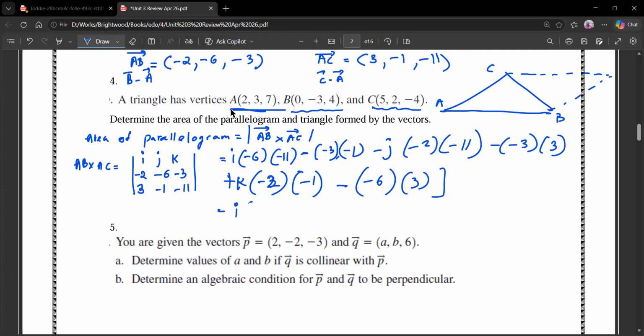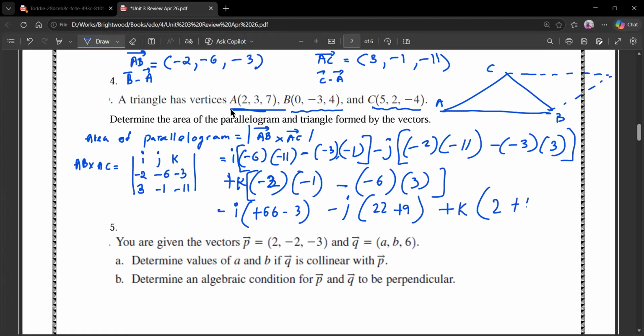So I, J, K: 63 I minus 3, negative J 22 plus 9, plus K 2 plus 18.